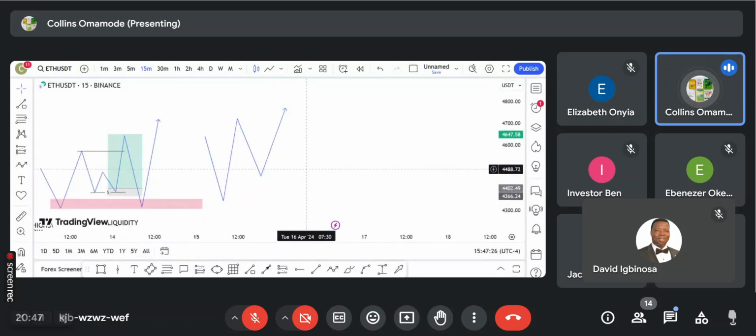So you observe that if you have your market structure, your higher high is liquidity, your higher low is liquidity. That is where price is attracted to. Write this down also. Price is attracted to areas of liquidity. That means anywhere price sees that there's liquidity, that is where price is attracted to.